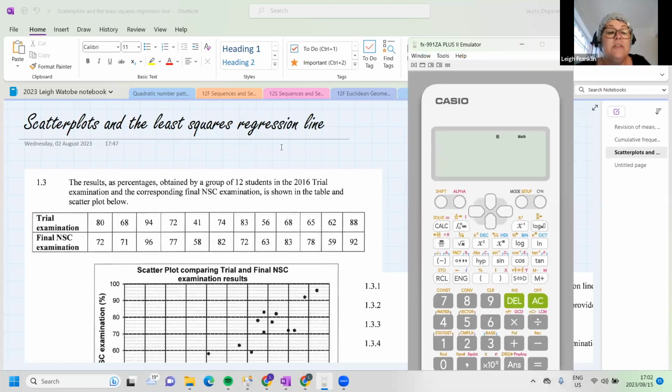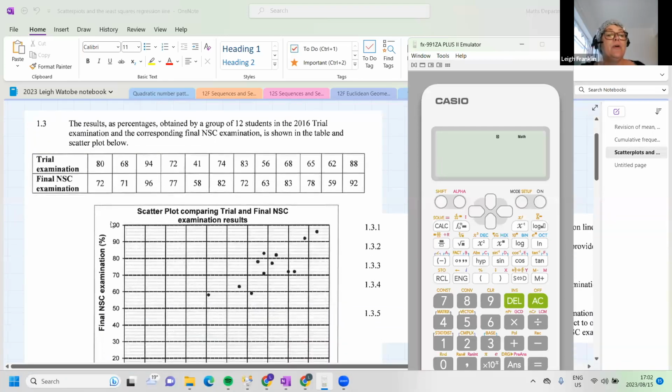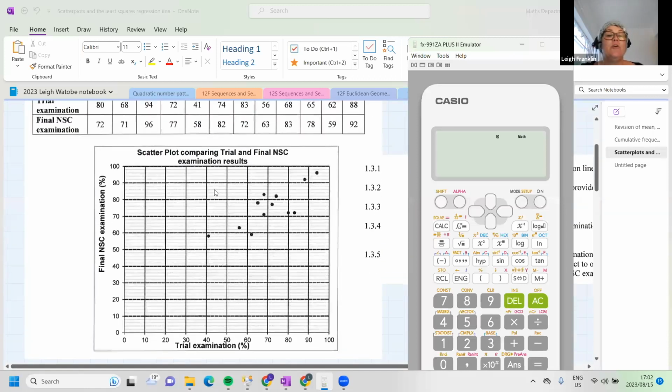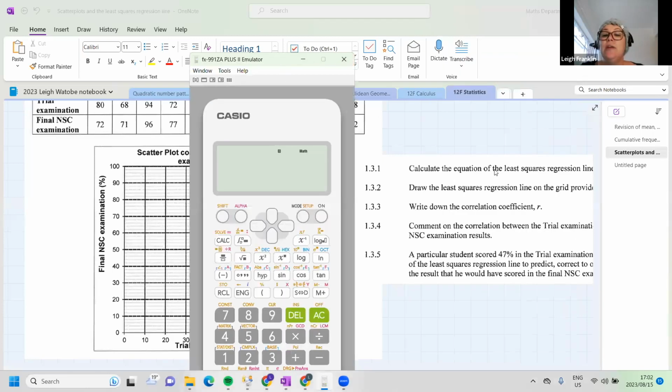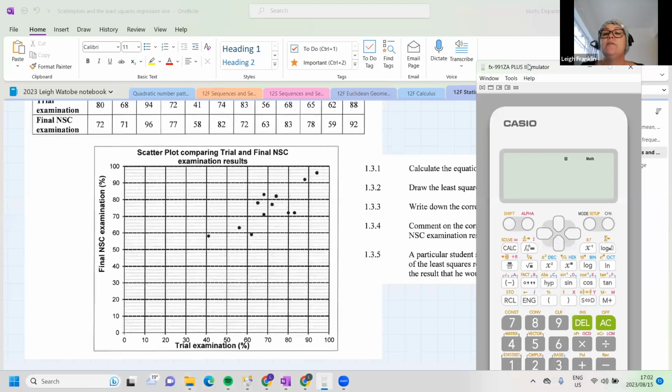The information given is a group of 12 students from the 2016 trials examinations and corresponding NSC final examinations, shown in the table below. This was their trials mark, this is their final NSC mark, and there is a comparison between the two results. So this is what I want to talk about this evening.